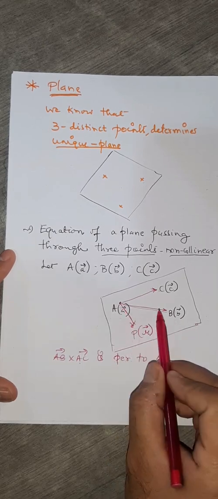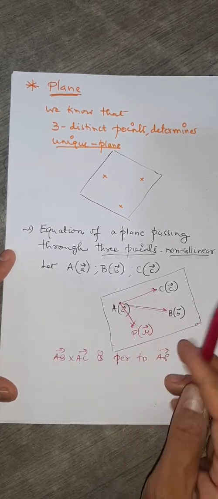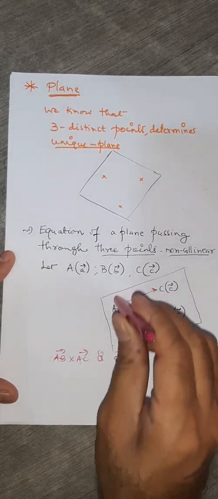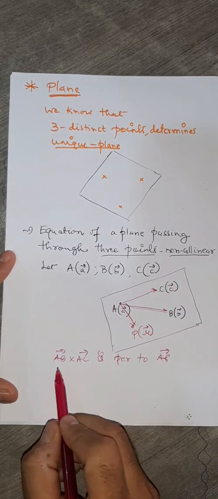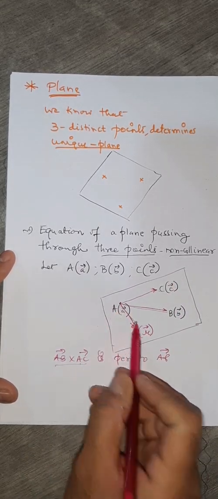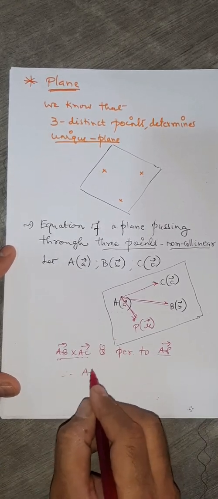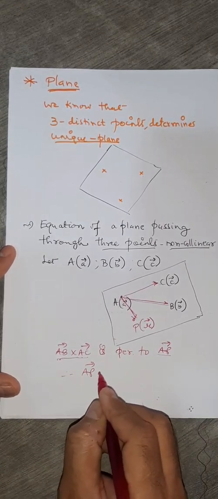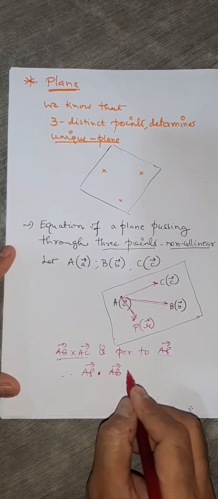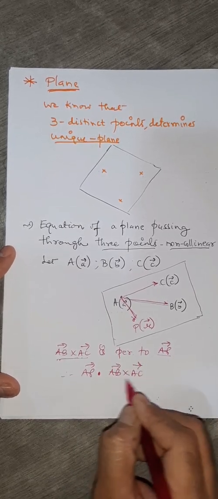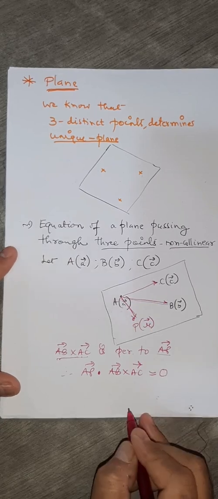So if I take the cross product of these 2, you will get one vector which is perpendicular to every vector of the plane here. So this will be perpendicular to this vector. If this is perpendicular to this, then the dot product must be 0. So AP dot AB cross AC, this dot product will be 0 here.